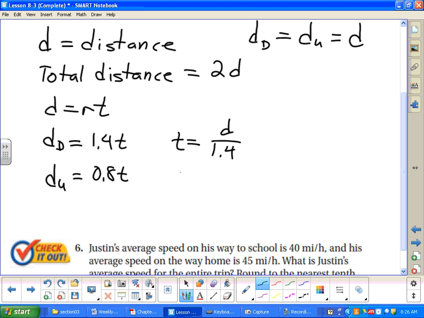And their time uphill is equal to D divided by 0.8. All right, so far, are you okay with what I've said? Okay, it's a little complicated though, right?